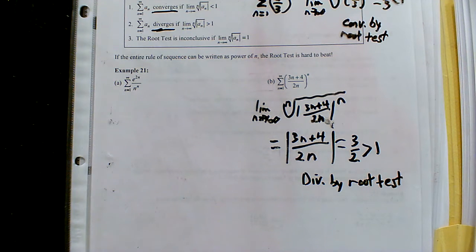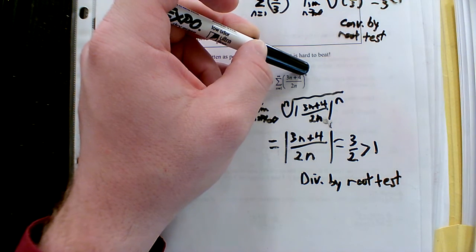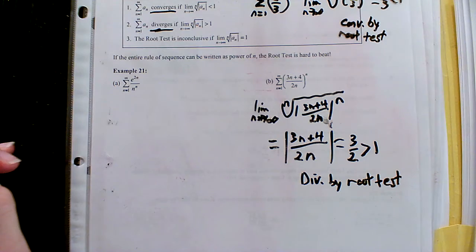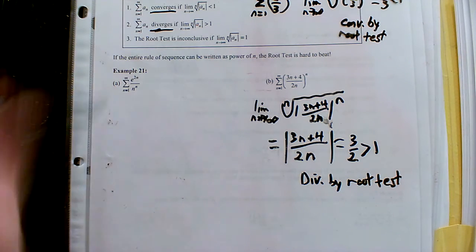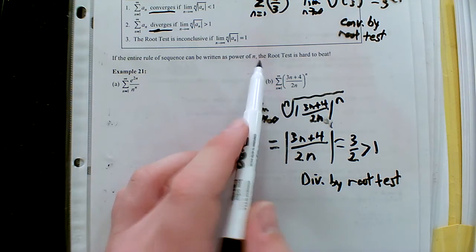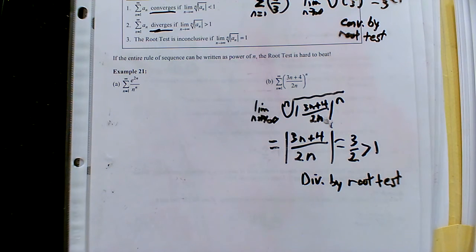If there's something that you already see that's recognized as all to the nth power, it really sticks out. I think if you can easily see that it can be written as the nth power, the root test is the way to go. And it even mentions that there: if you can write it all as a power of n, the root test is hard to beat. Okay? We're all right with that example? Root test in general we're okay with?